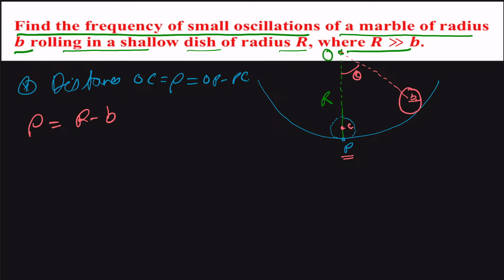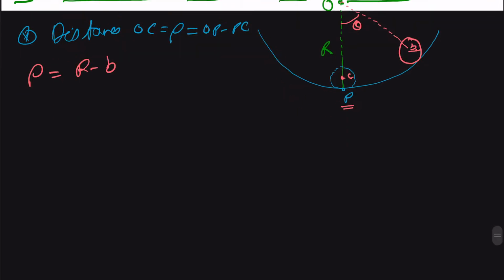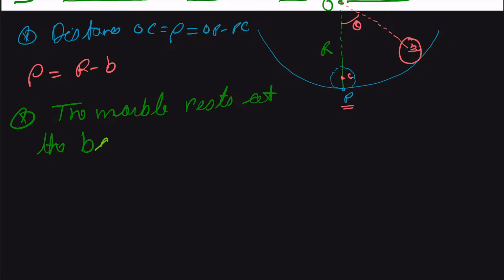Okay, when the marble is at the equilibrium, or we can say when it rests at the bottom of the dish, and we have this value of theta equal to 0.